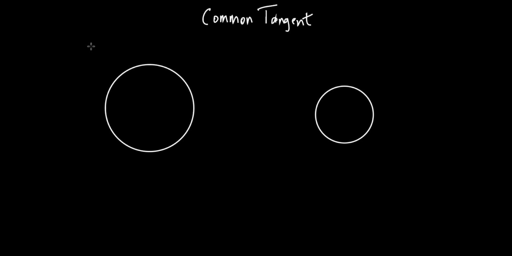Well, let's start here and see if I can do this. I might have to move one. Oh, that's actually worked out pretty good. Let's just extend this out a little bit. Would you agree that that's a common tangent? Why is it a common tangent? Because it's tangent to what? To both of them.